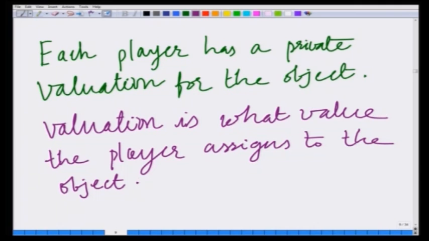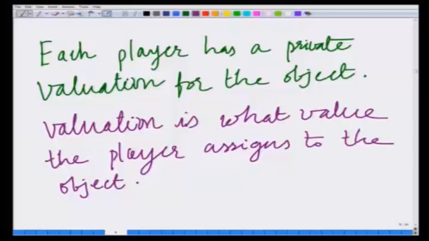Each player has a private valuation, and this can be different from the bid. The player might bid differently from the value he attaches to the object. Ultimately his aim is to secure the object at a bid that is much lower than the value he places on it, so that he can make a profit out of it.